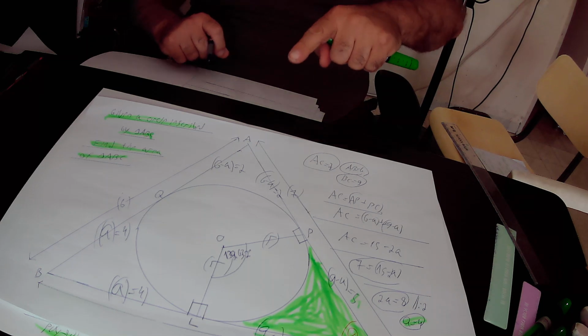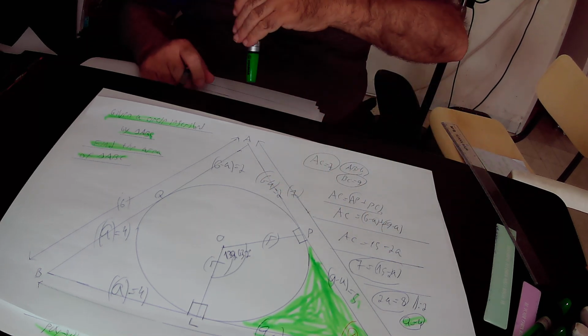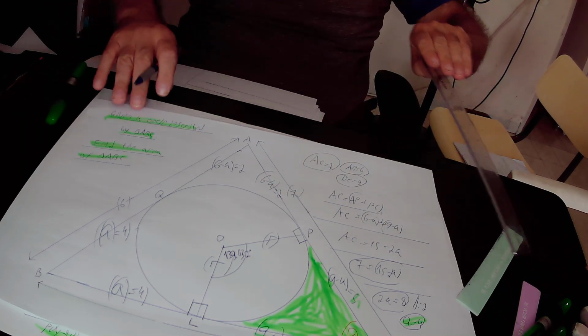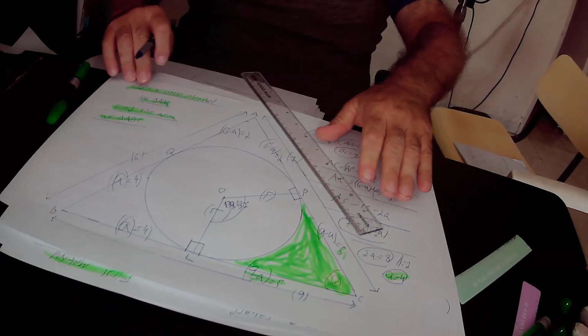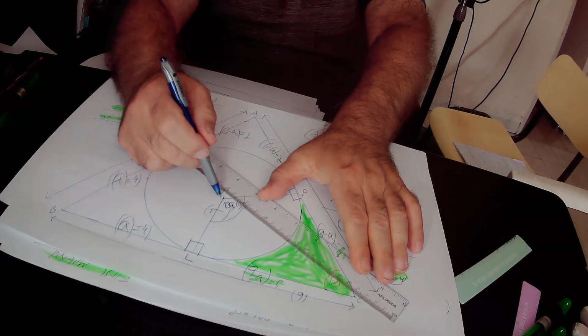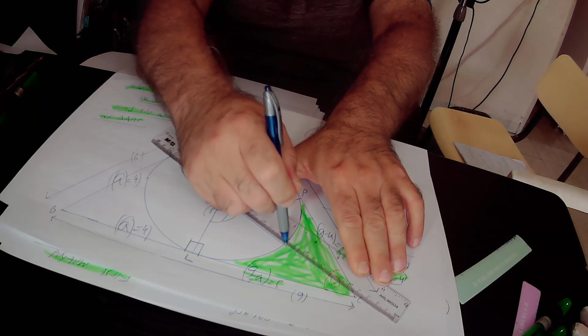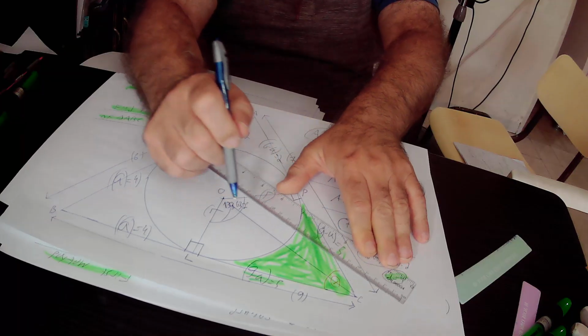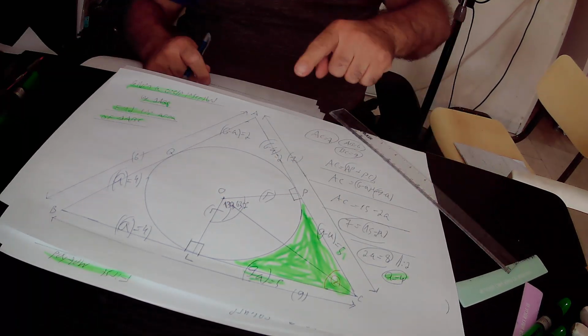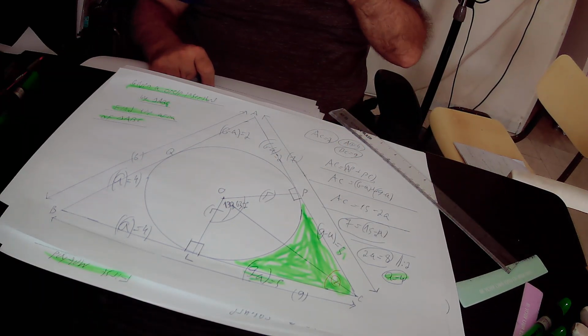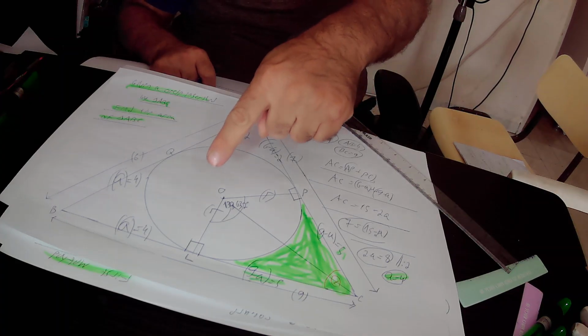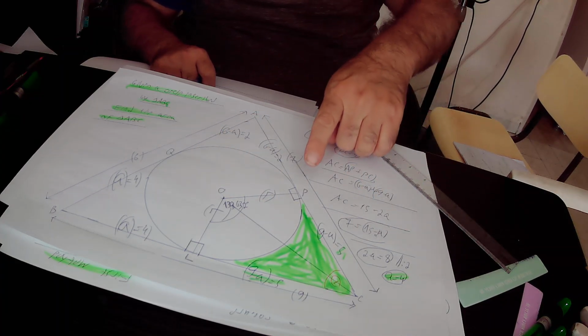In the next step, we will join points O and C together by a straight line. By joining points O and C, we actually divided quadrilateral POLC into two parts.